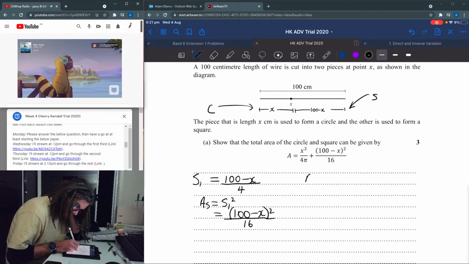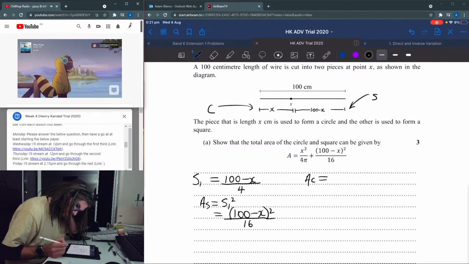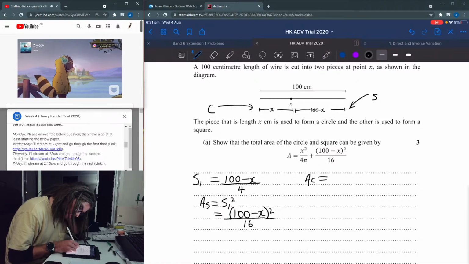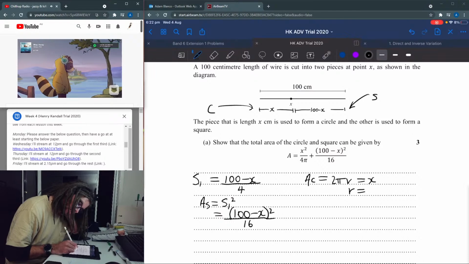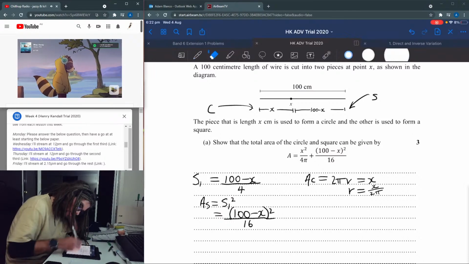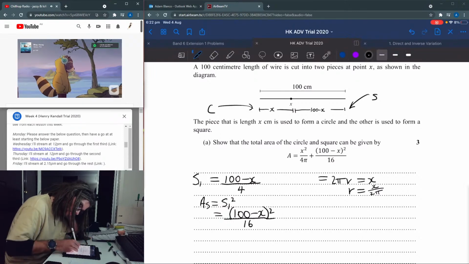That's confusing. For me, area of the circle. Okay, so a length X. So that's going to be the circumference, 2 pi r, is X. That means the radius is X on 2 pi. Okay, so that's actually the circumference.